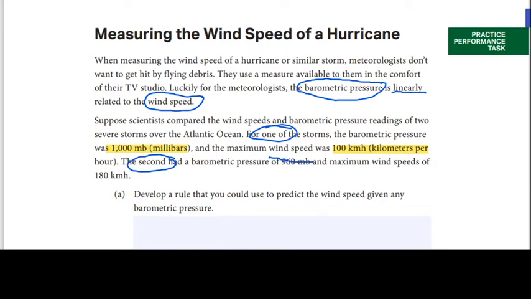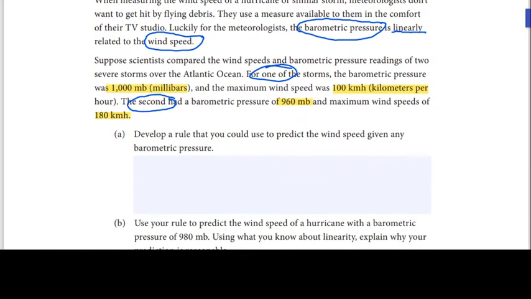Here's the barometric pressure, and the wind speed is right here. Here's what it says: develop a rule that you could use to predict the wind speed given any barometric pressure.